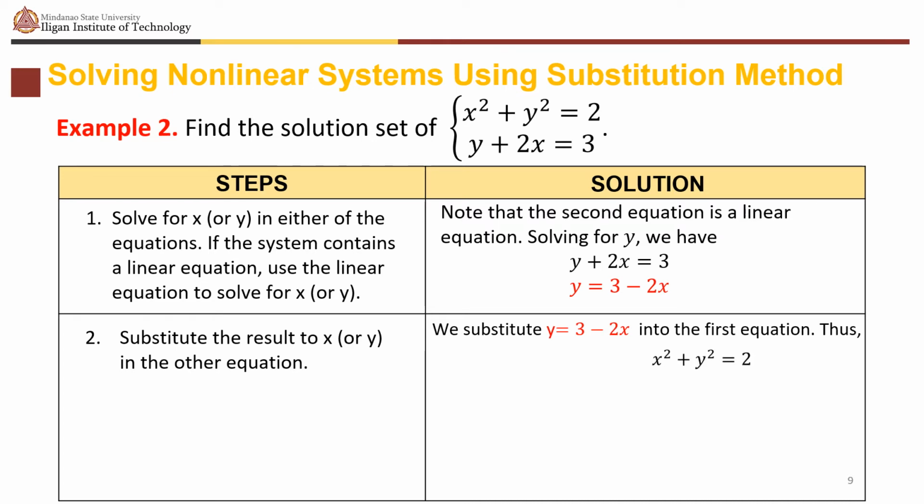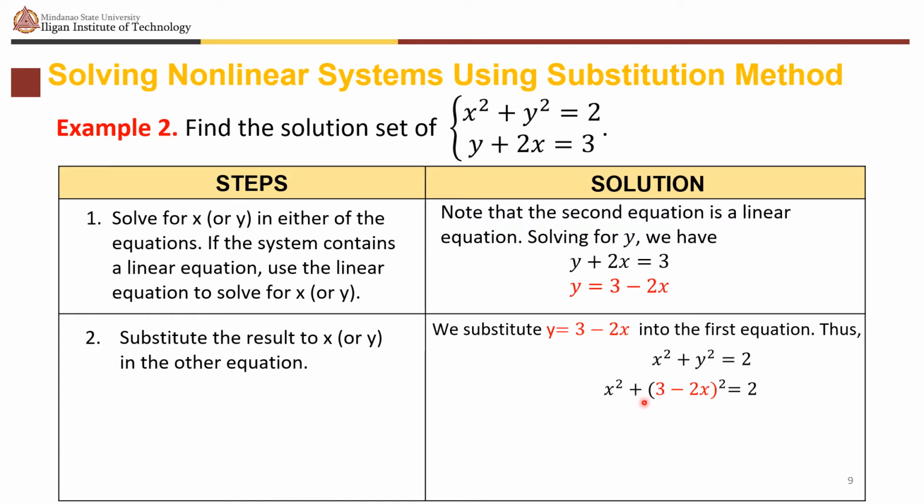So we now have x squared plus y squared equals 2. And when we substitute y equals 3 minus 2x, we will have x squared plus the quantity 3 minus 2x squared is equal to 2.